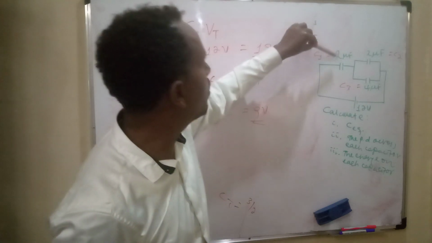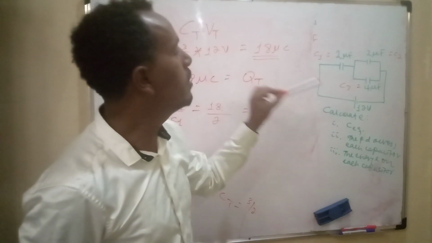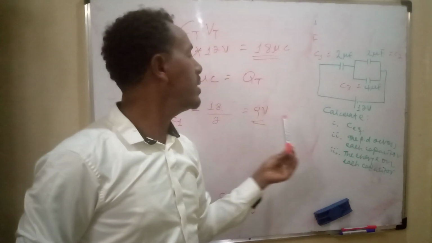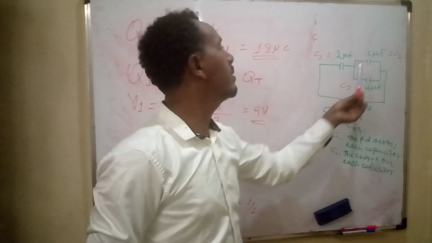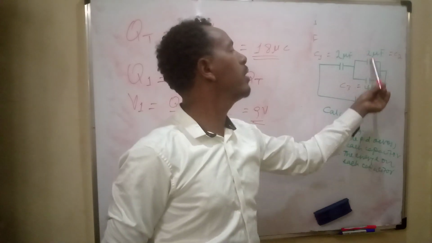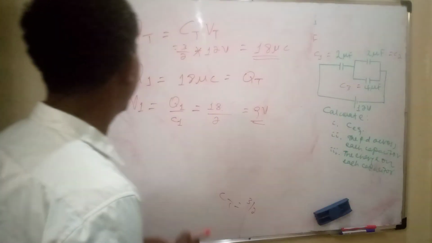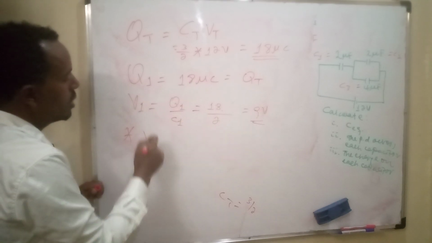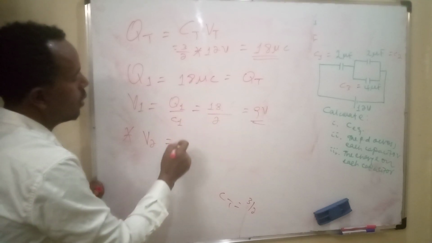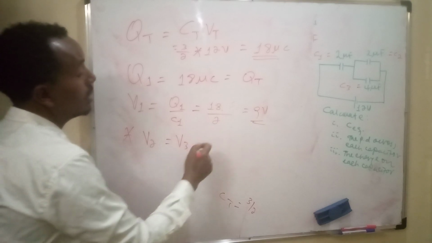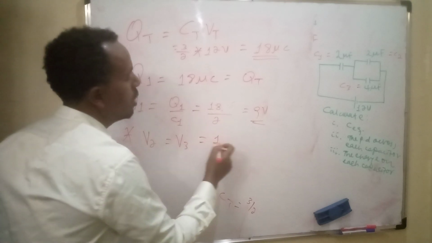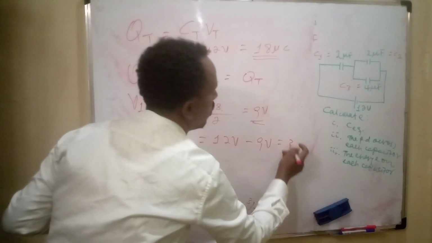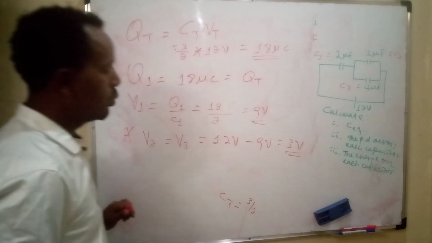Therefore, the voltage on capacitor 2, V2, is equal to the voltage on capacitor 3, V3, which is equal to 12 volt minus 9 volt, which is 3 volt.